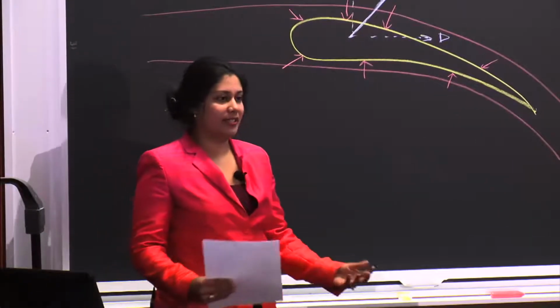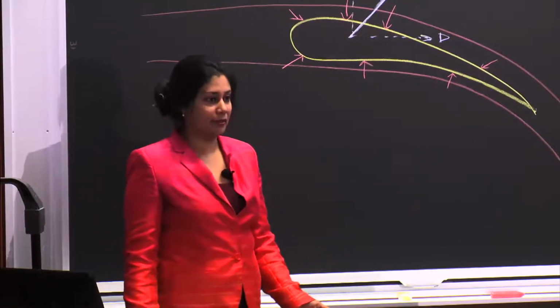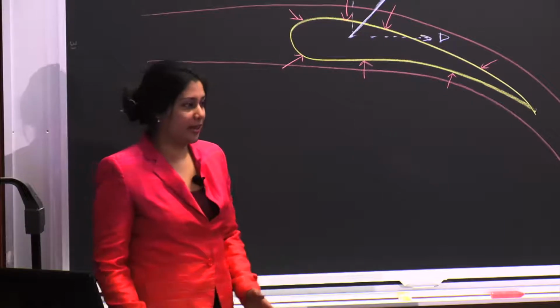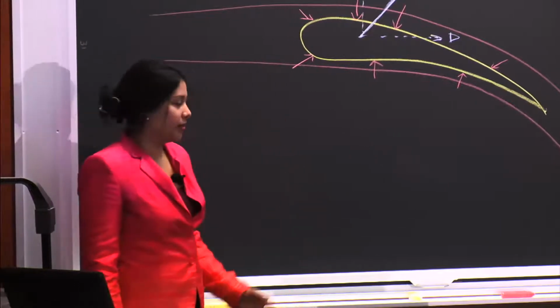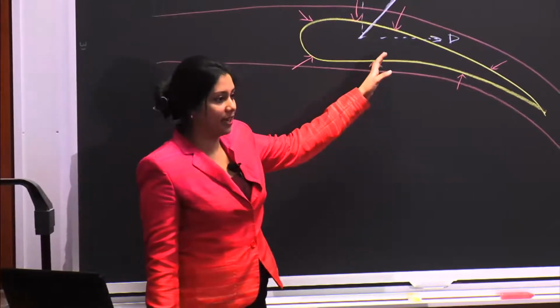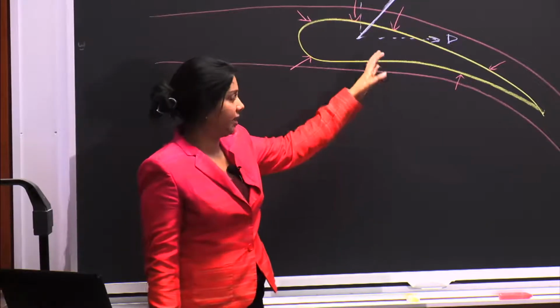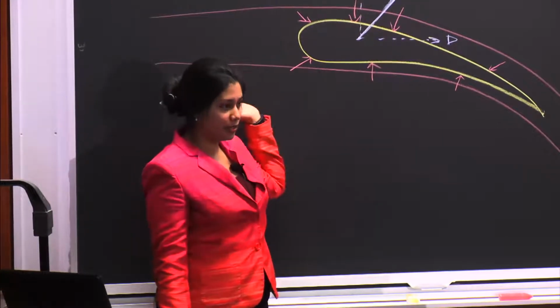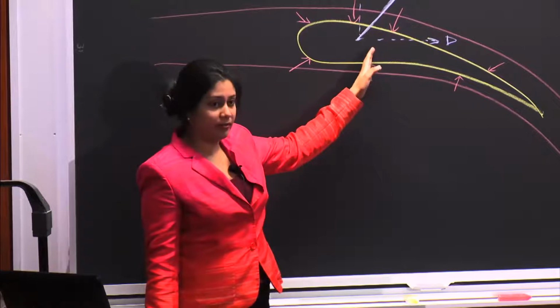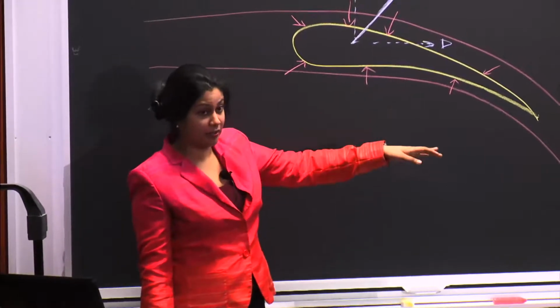Actually, what we're discussing is about frame of reference. So depending on your frame of reference, if your frame of reference is the airfoil, you can take it to be that the airfoil is stationary, and you see the wing to be stationary and the air to be moving past you.